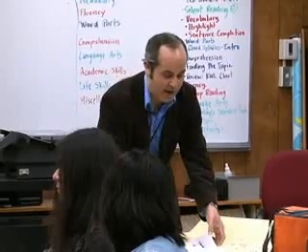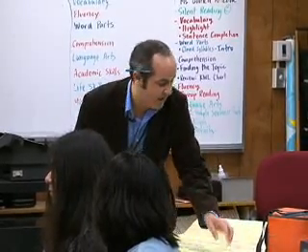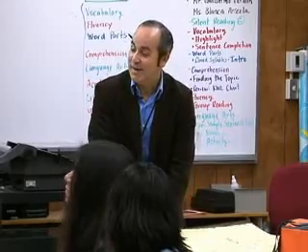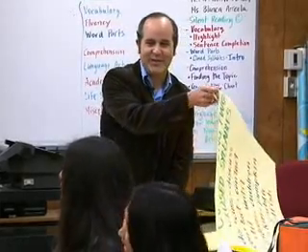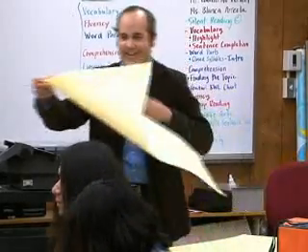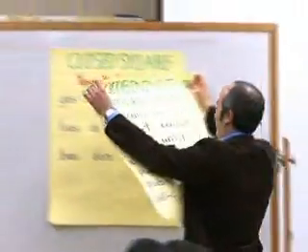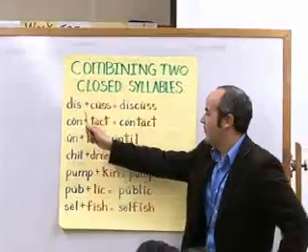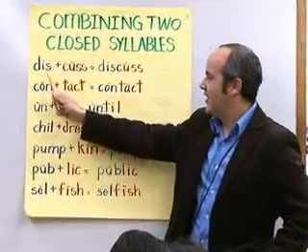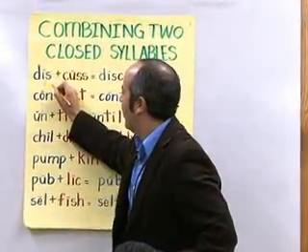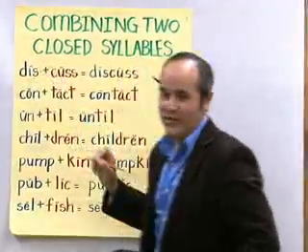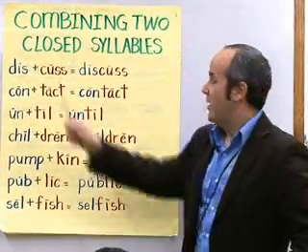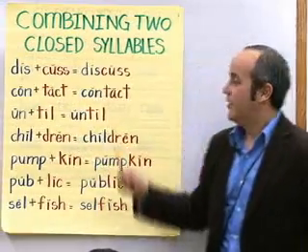Look what happens when we combine two closed syllables together. Dis: vowel, consonant, short; cuss: vowel, consonant, short. Discuss.